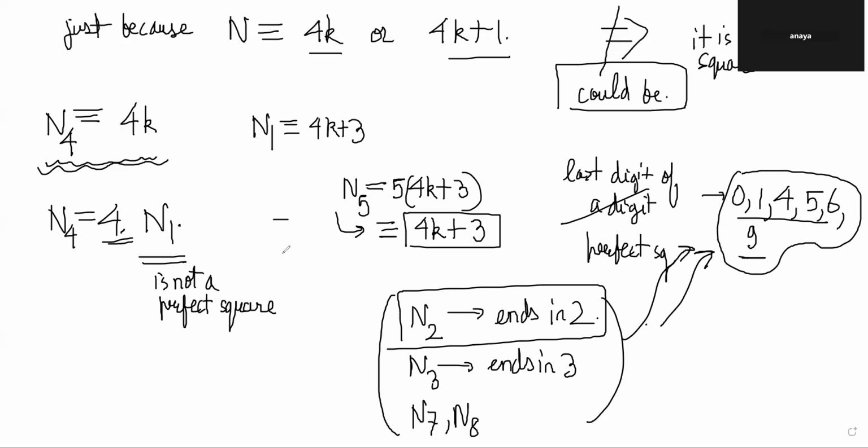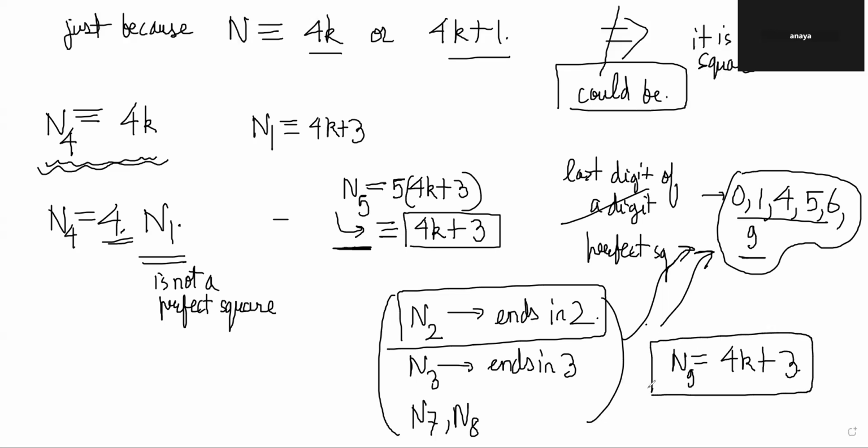So N5 cannot be a perfect square. And N9 would be 9 times of 4k plus 3. So 9 into 3, 27, that is again 4k plus 3, right? Because N1 is 4k plus 3, and 9 and N5 are also 4k plus 3.